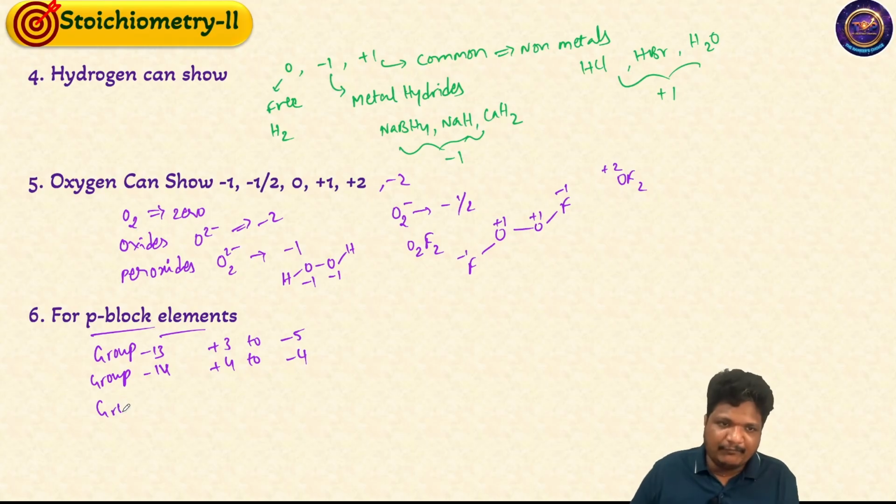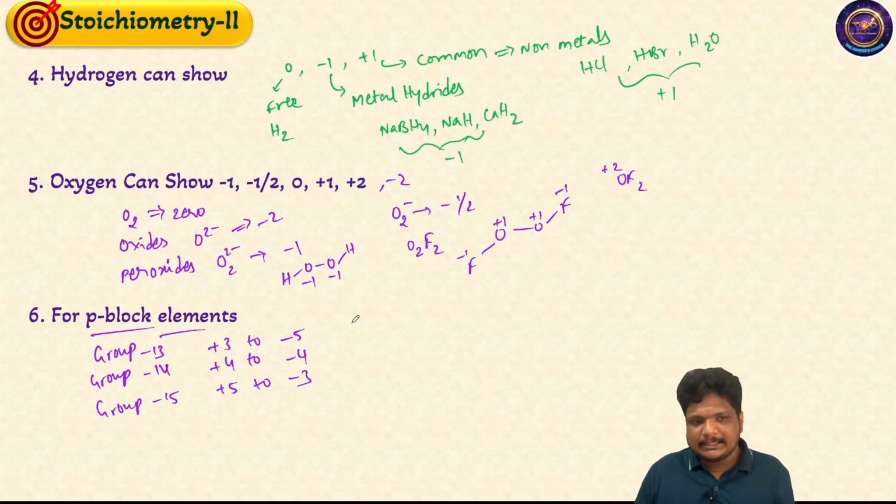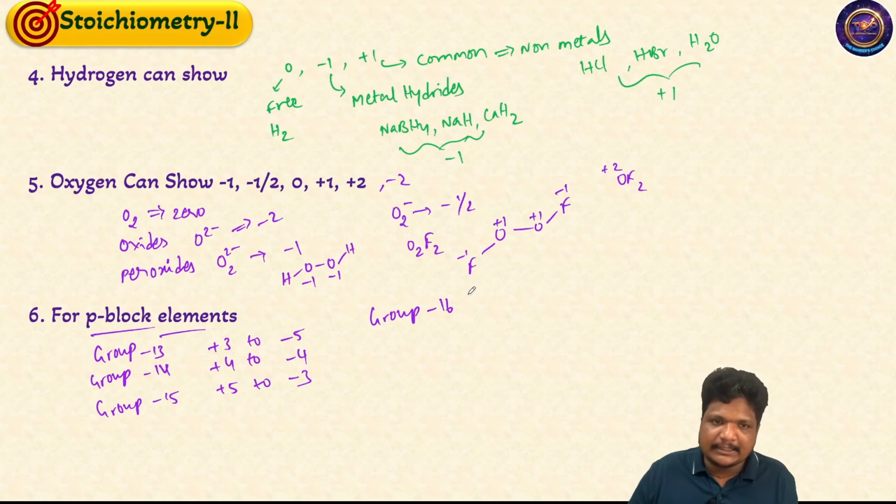In group 15, they show plus 5 to minus 3 oxidation state. In group 16, they show plus 6 to minus 2 oxidation state.